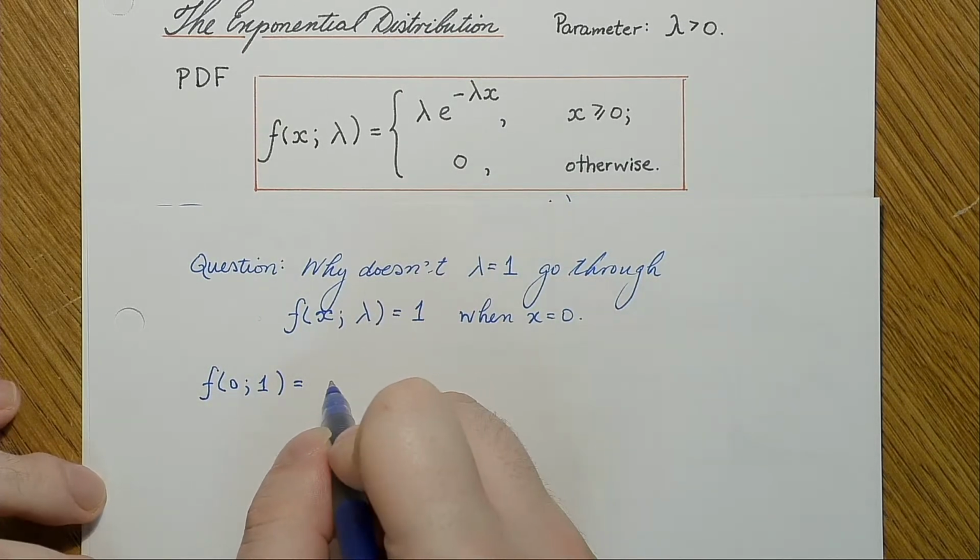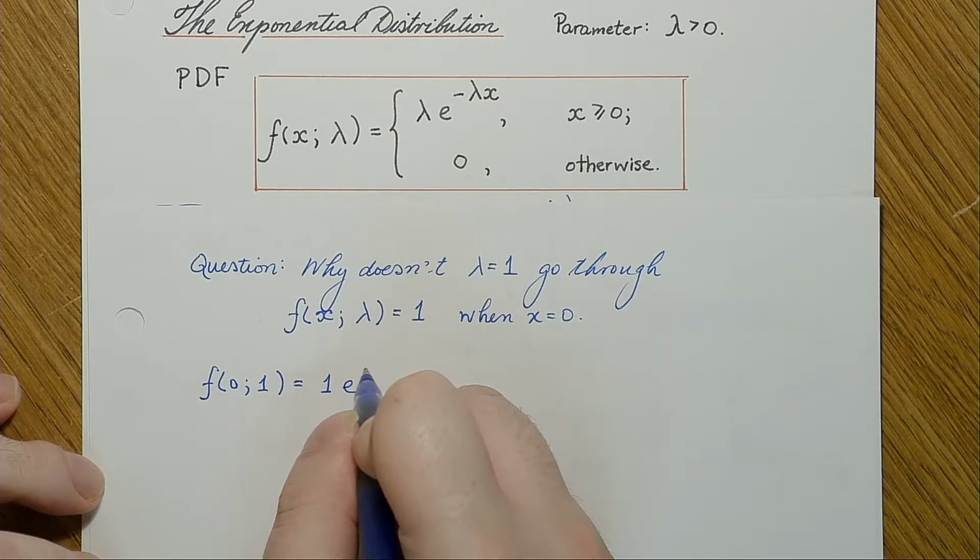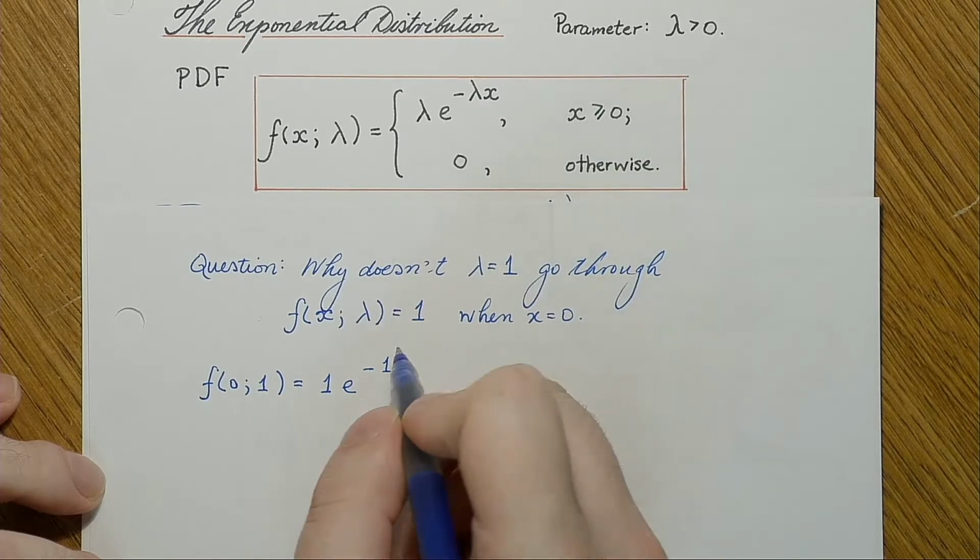So I'll have 1 times e to the minus 1 times 0.